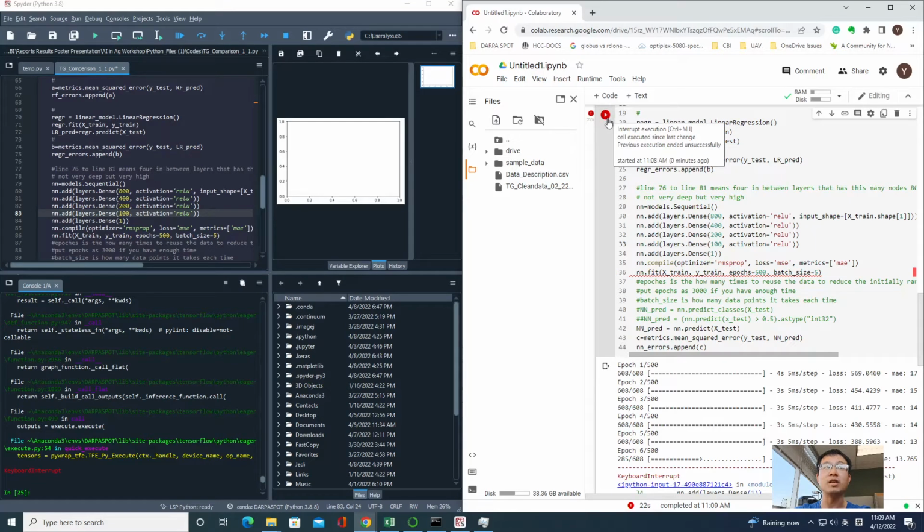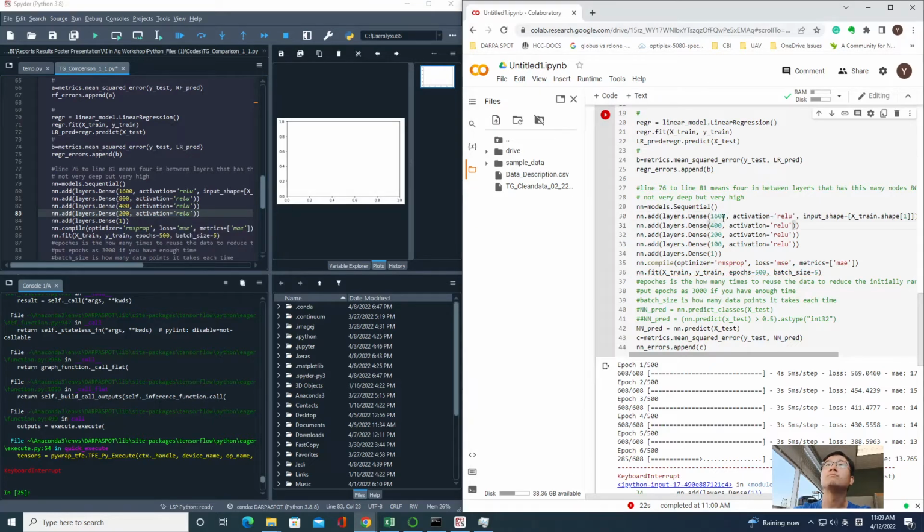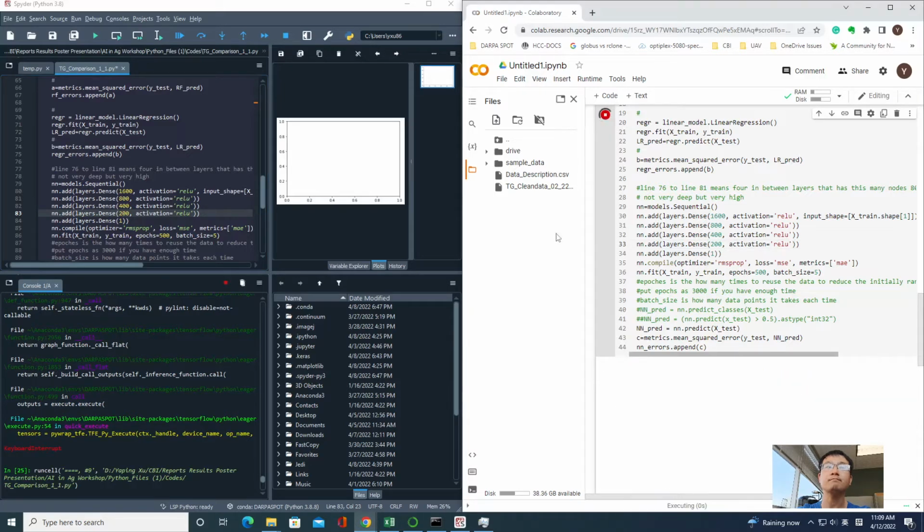Now what about even larger hidden layer numbers? Let's try double the numbers. Okay, so let's increase the number to 1600, 800, 400, 200 on the left hand side, and also the same settings on the GPU hand side. Try it one more time.